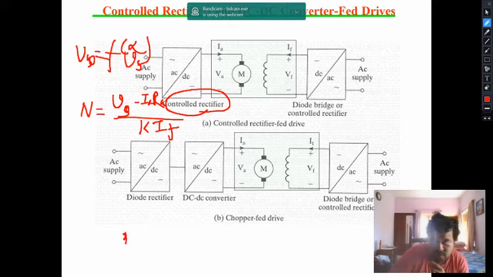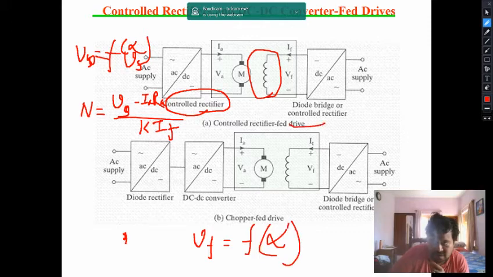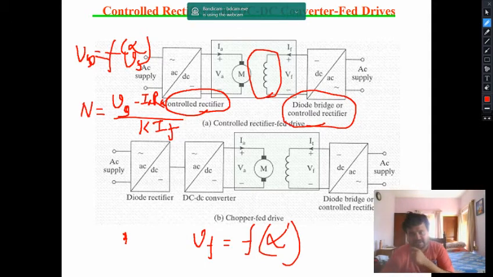And not only that, what about your Vf, the field voltage? Your Vf should also be a function of, say, alpha dash, because here also you have to convert the AC to DC for the field circuit.